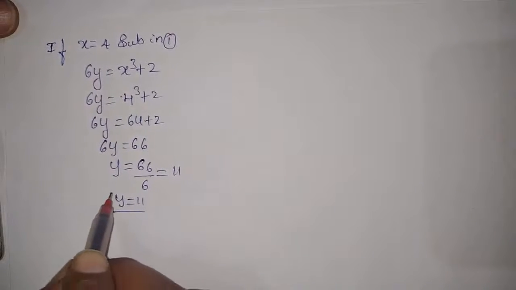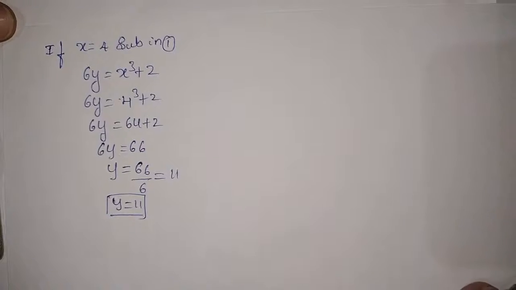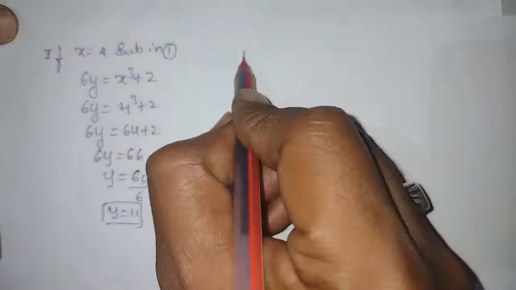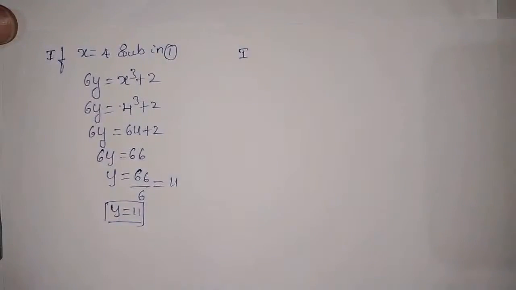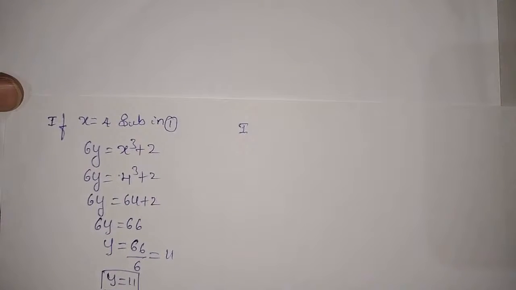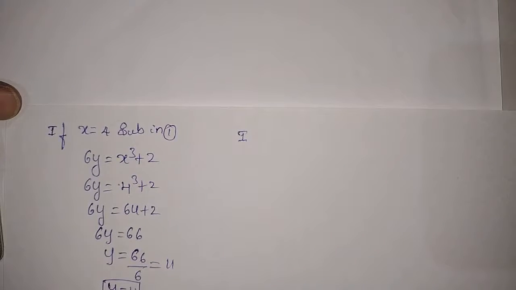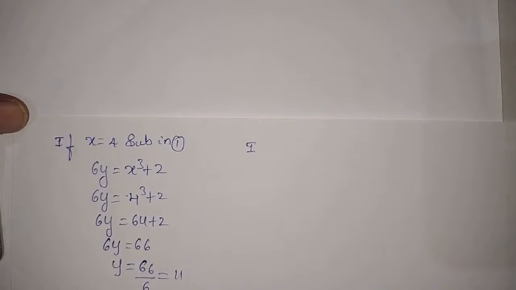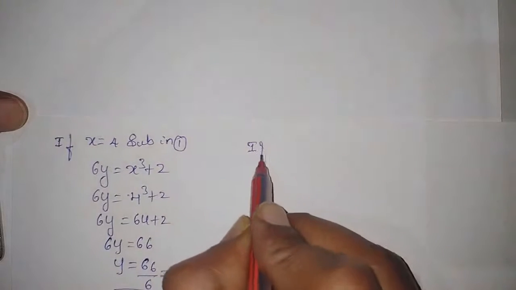When we get y is equal to 11, that means x is equal to 4. At the same time, if x is equal to minus 4, then what is the value of y?